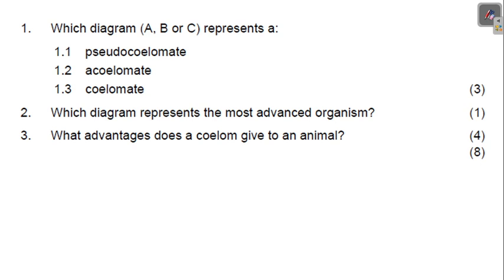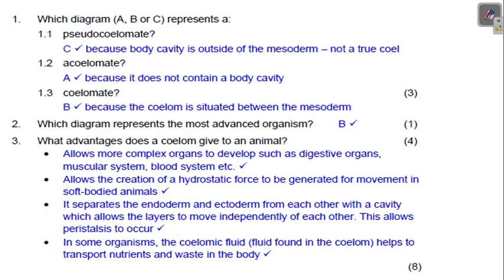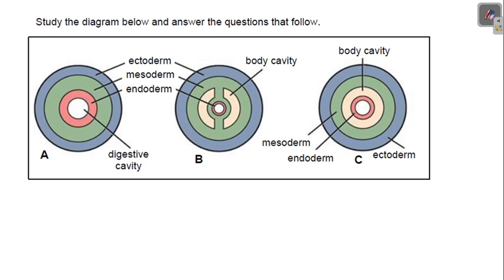Which diagram represents the most advanced organism? Number 3. What advantages does a coelom give to an animal? Let's go into it. Which organism, A, B, or C, represents a pseudocoelomate? Let's look at a pseudocoelomate.